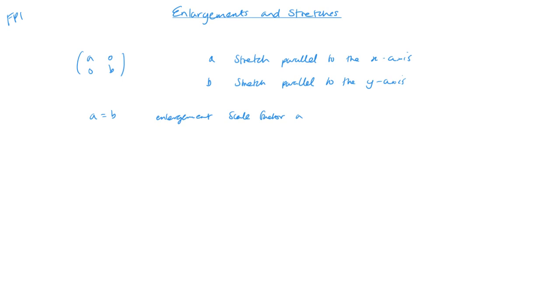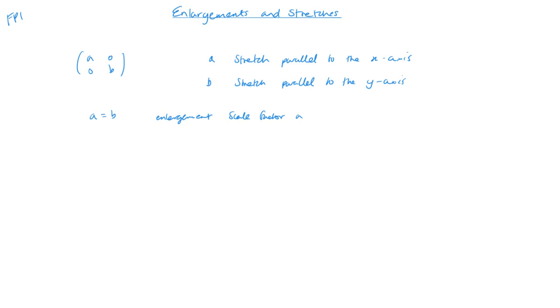Now, when we previously looked at reflections and rotations of 2D shapes, they both preserved the area of the shape. When a shape is now stretched, its area can increase or decrease. We can use the determinant of the matrix to work out the scale factor.